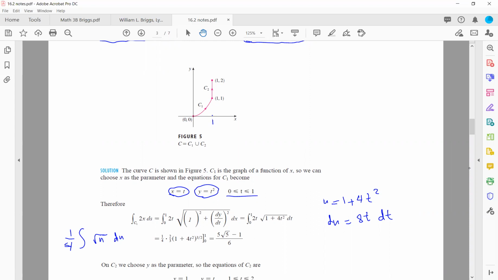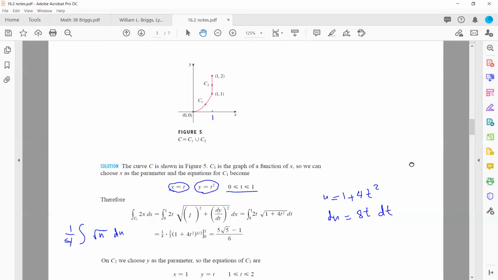So if you simplify this, you get 1/4, 2/3, 1 plus 4t squared raised to 3/2. t ranges between 0 and 1, plug in 1, then plug in 0, do the algebra, you find the line integral along C sub 1.